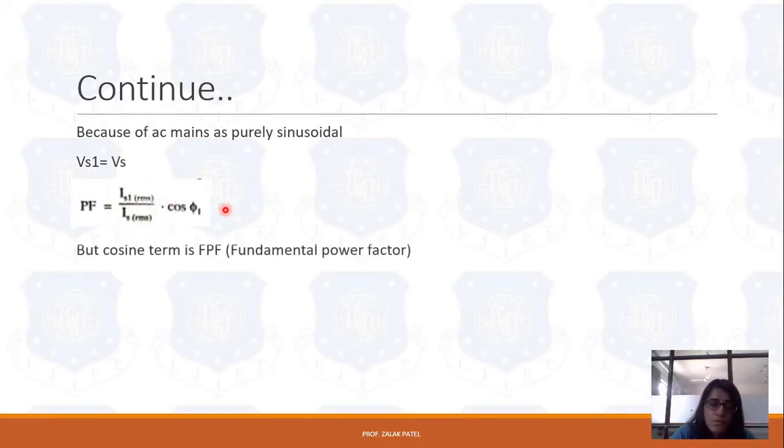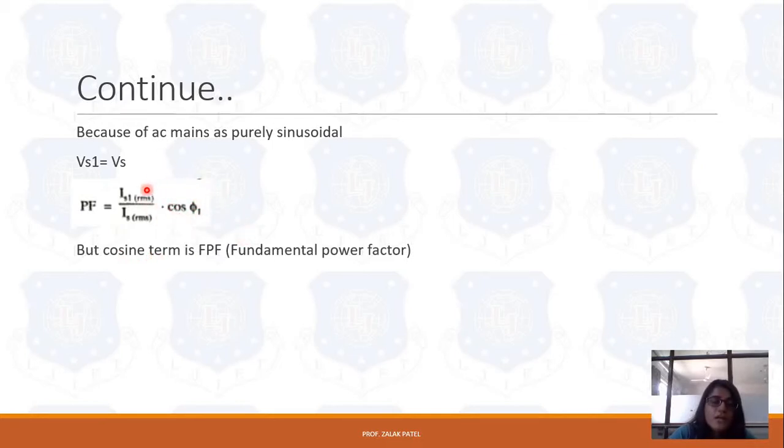It is like this because the AC supply is purely sinusoidal. That's why it is IS1 RMS upon IS RMS, meaning the fundamental value of the current component for the supply current and the supply current value, into cos phi. So here the cosine term is nothing but FPF.